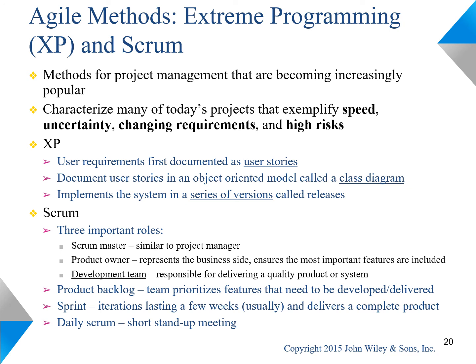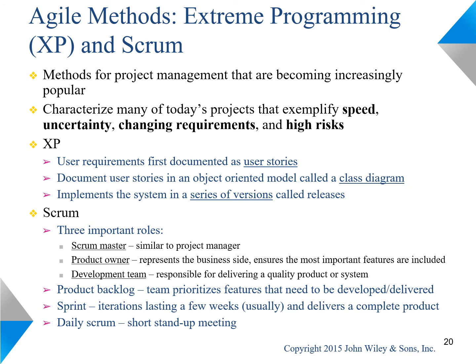One version of Agile method is extreme programming, or XP. Under XP, the system is delivered to the users in a series of versions called releases. A release may be developed using several iterations that are developed and tested within a few weeks or months.